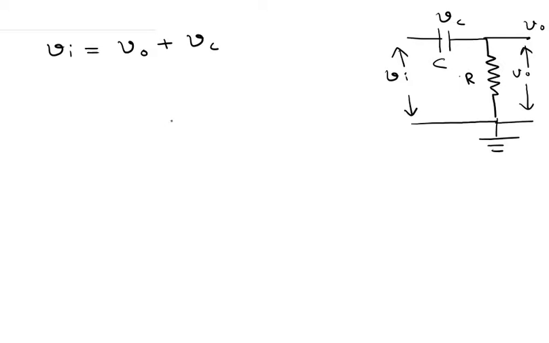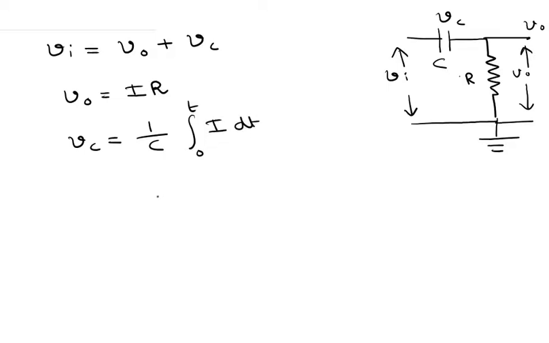Okay, now V0 is equal to IR and Vc is equal to 1 by C integral 0 to t I dt, which we have noted just now, under the assumption that the current is sinusoidal, this integration is equal to I divided by j omega, which is I divided by j omega c.